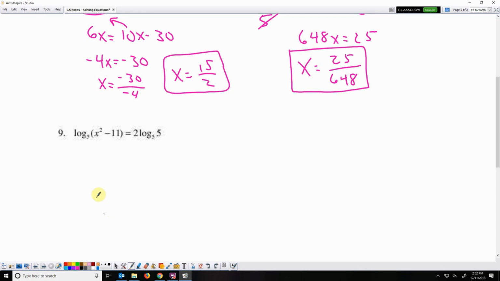And last, before I can do anything with these logarithms, I need to take that 2, that coefficient, and turn it into an exponent. Log base 5, x squared minus 11 equals log base 5 of 5 to the 2nd power, which is 25.